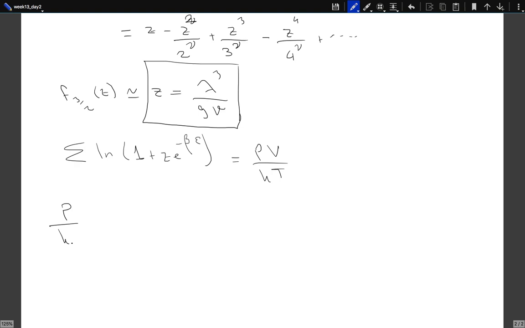So this tells me that P over kT is nothing but 4 pi over h cubed times the integral dp p squared logarithm of 1 plus z e to the power minus beta epsilon.